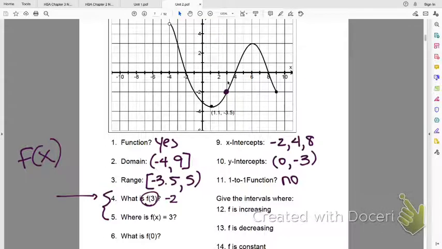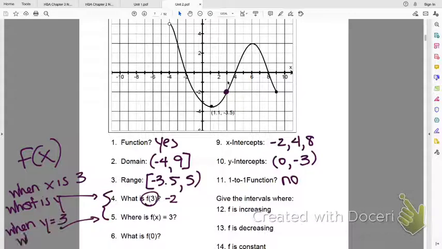Now that is paired with question 5 here. 4 is saying when x is 3, what is y? What is 5 saying? When y equals 3, what is x? Okay, and these could have more than one answer if it is not one-to-one, which this one is not.